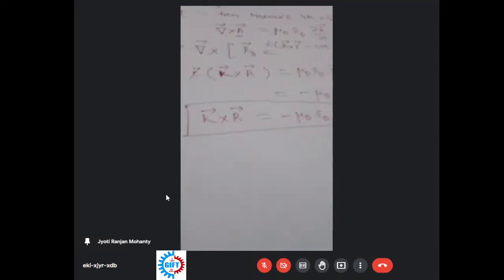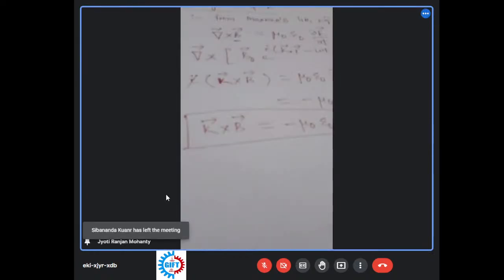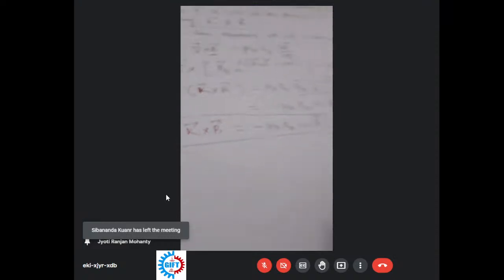Hence E vector, B vector, K vector are mutually orthogonal. The conclusion: K vector cross B vector is equal to minus mu naught epsilon naught omega into E vector. So look here. This is not Maxwell's fourth equation.